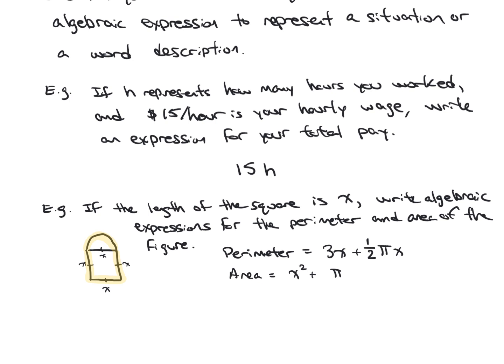So pi times the radius, which is half of x, squared. And that's for a full circle. For a half circle, it's multiplied by another half. Okay, so that one might be more confusing. You know what, don't worry too much about these geometry ones, because we will have a geometry unit later on in the year.